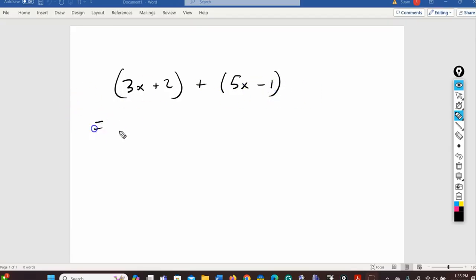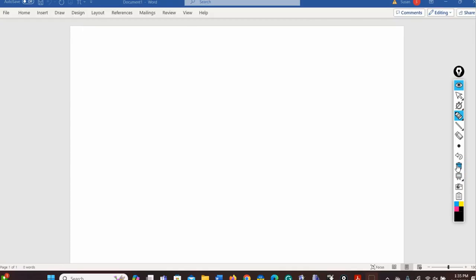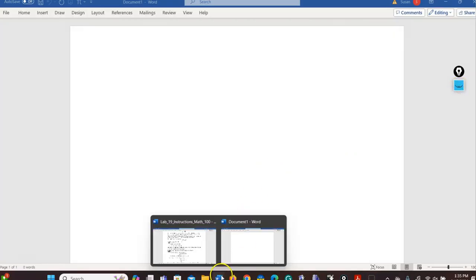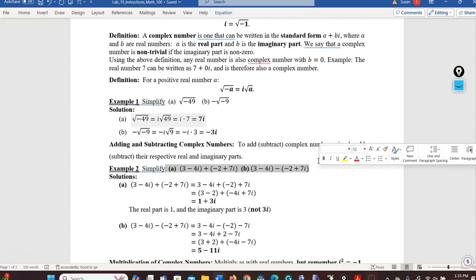If I wanted to simplify that, I don't have anything in the front here, so I can just drop the parentheses. I would gather my x terms. 3x plus 5x is 8x. And then 2 minus 1 is 1. And I would have my answer. That's how, when we're adding or subtracting complex numbers, you treat the i like you would with the x.